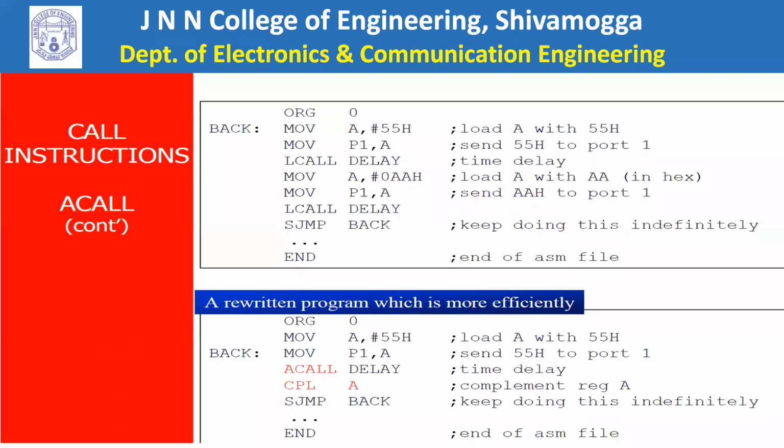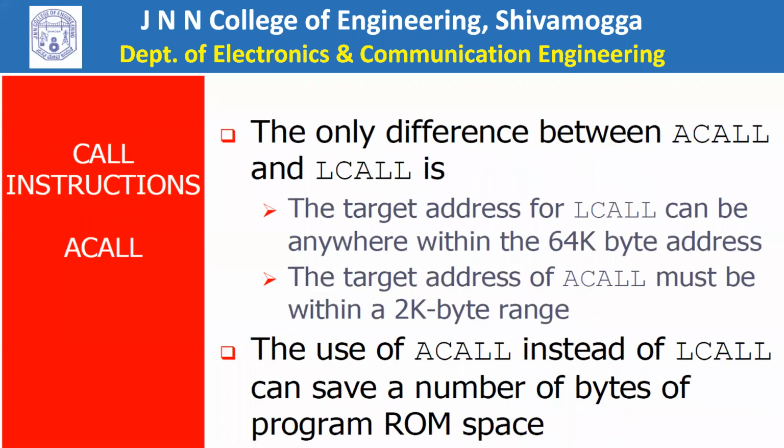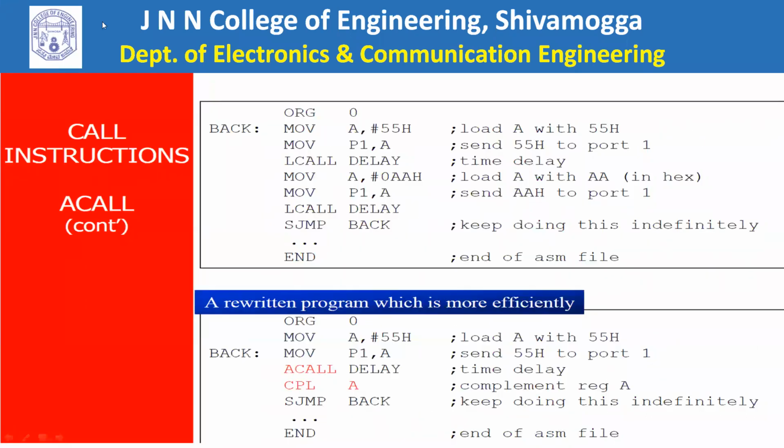That is why, rather than writing MOV A, #0AAH, which takes 2 bytes, because the opcode of MOV is 1 byte and AA is the value, so it takes another byte, you can write simply complement accumulator, CPL A. Both programs are the same, but the second program is more efficient than the first program. So that is very important.